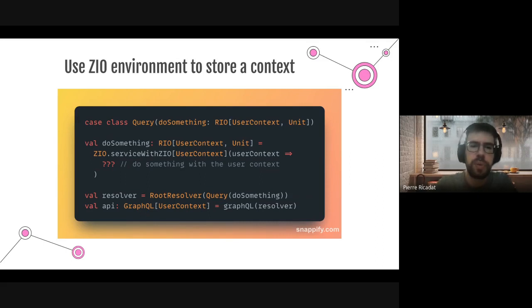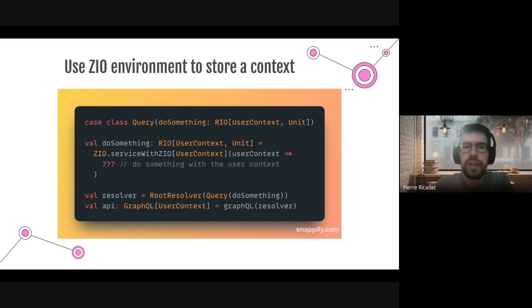Here is an example after the doSomething function that shows you how you access this context. You can call ZIO.service with ZIO, or just ZIO.service if you don't want to do other effects. This gives you that user context object.